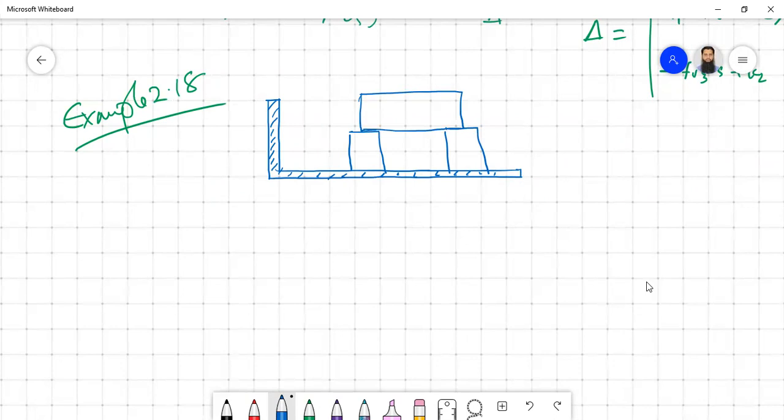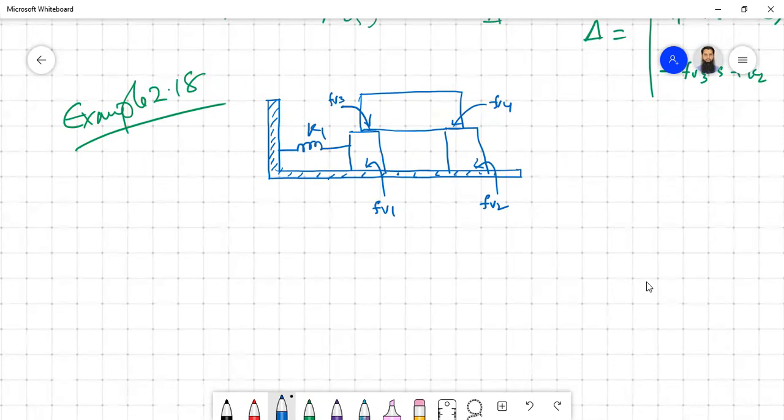Now this one is related with a spring here, K1. It has a friction here, V1, another friction here, V2. The friction here is V3. The friction here is V4.